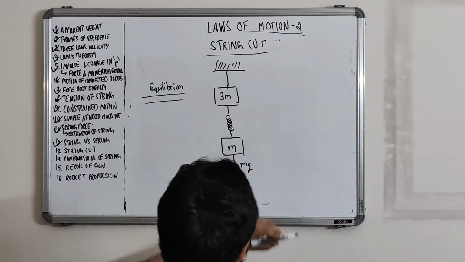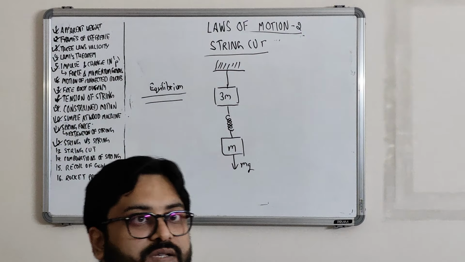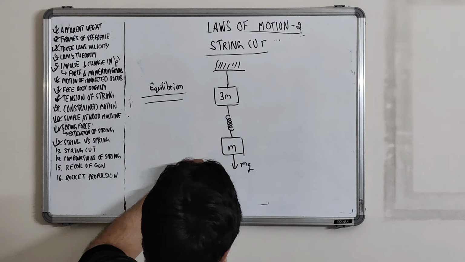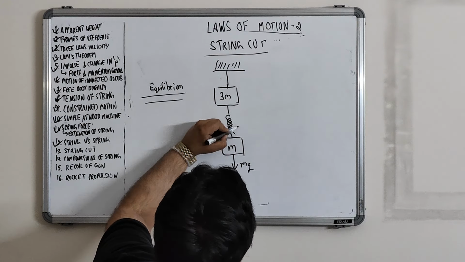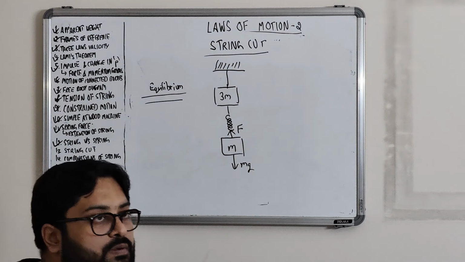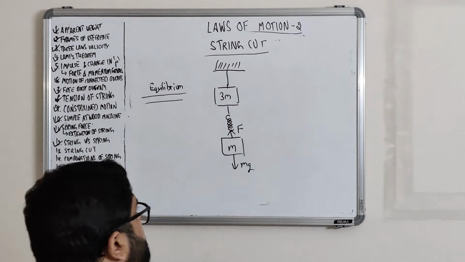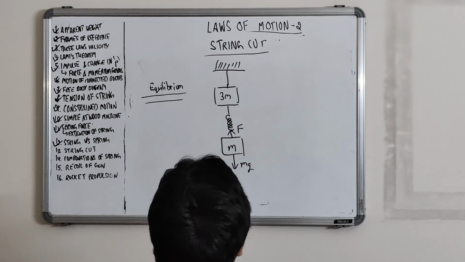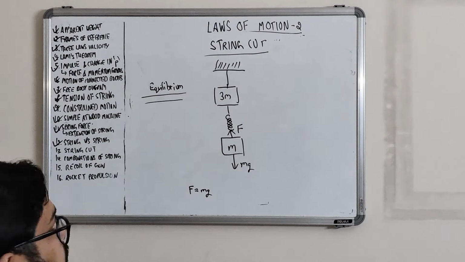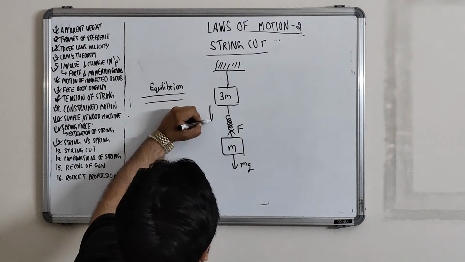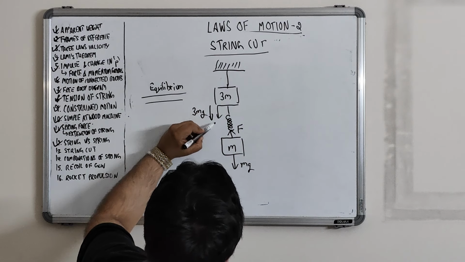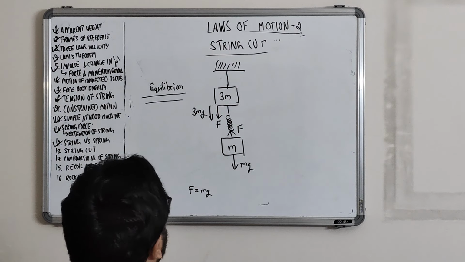There is this mass, which experiences weight mg, and therefore there is a spring force F which is equal to mg. Now over here we have a weight of 3mg and we have the spring force as well.